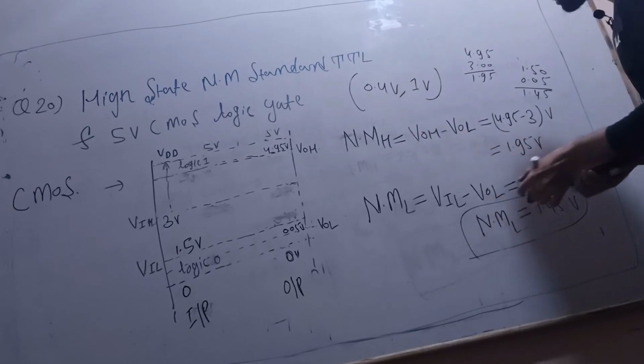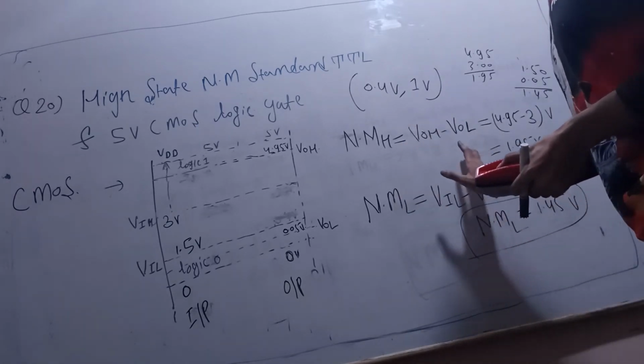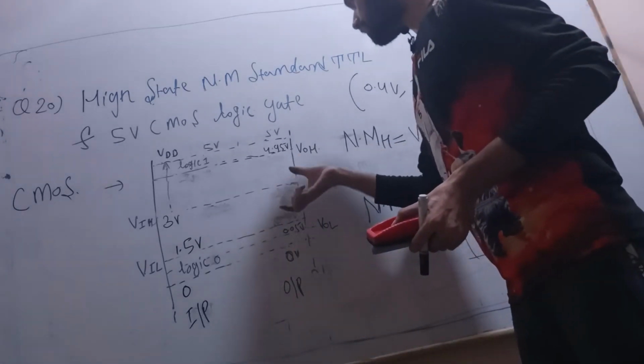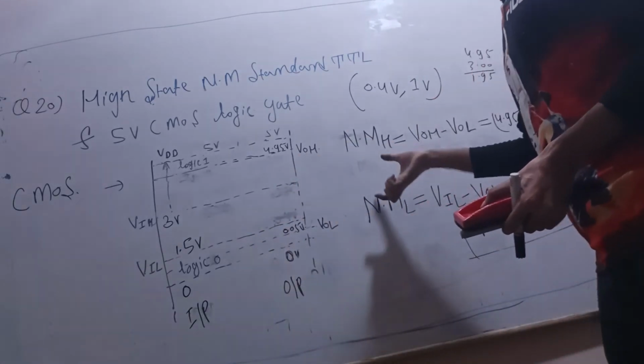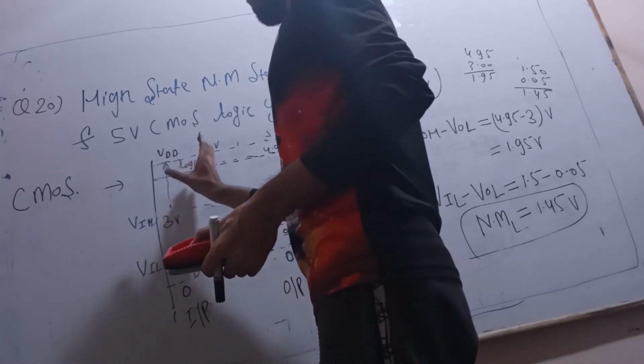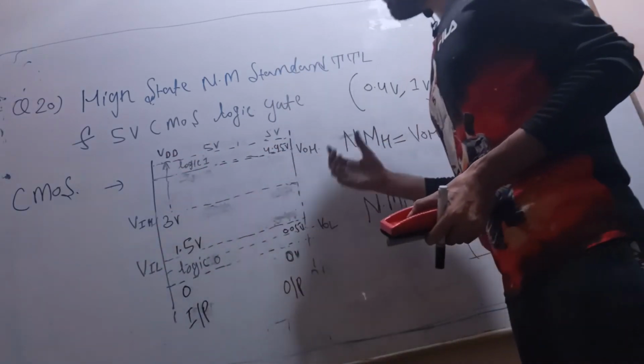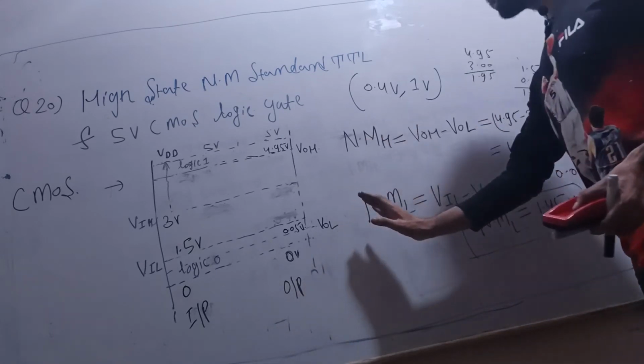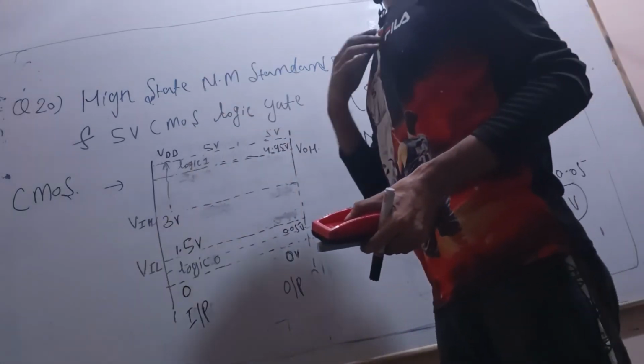Maximum noise margin and minimum noise margin: noise margin is up to how much range of noise our logic circuit will work properly, without any impact of noise.